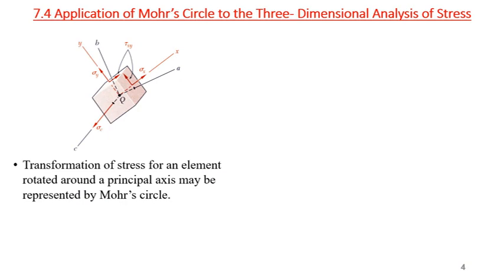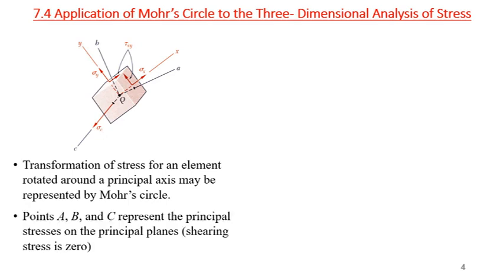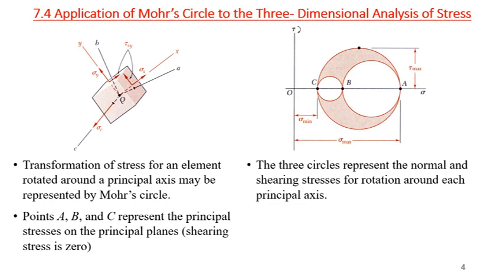let's suppose I have a state of stress given. Using stress transformation, I can rotate to some orientation, that is the principal axis, and if I draw the Mohr circle for that, it gives a circle. Now we have three circles.